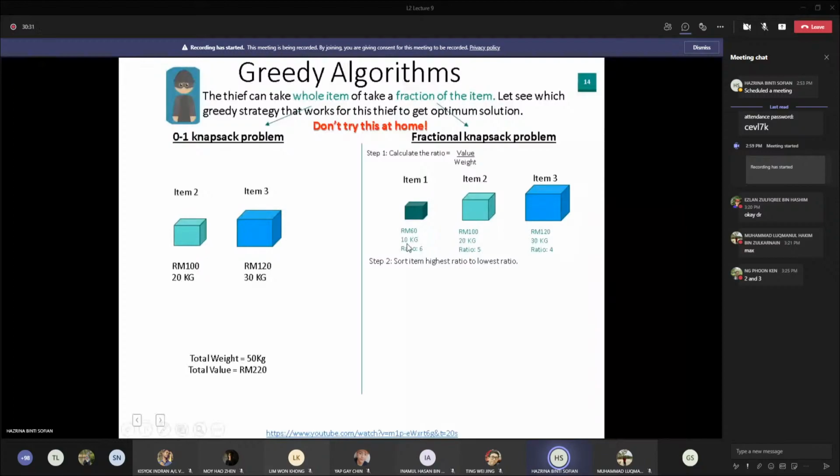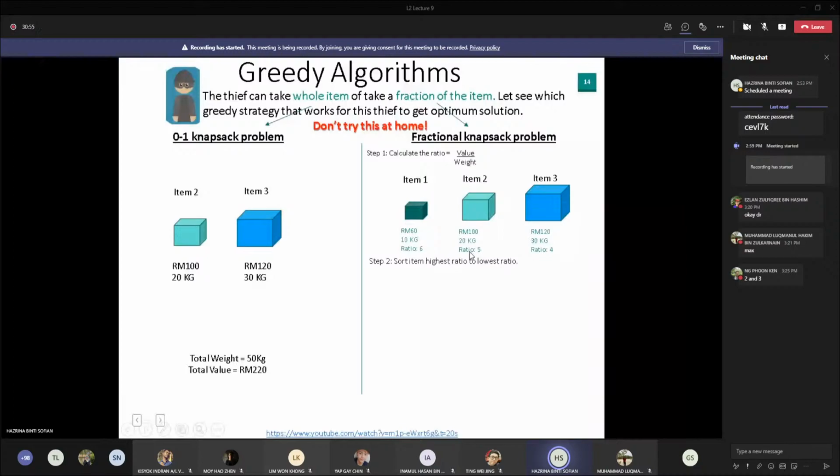And then we should be getting the next highest ratio, which is 5, not 4. Okay, so this 5, it will be 30. So we have 10, 20.